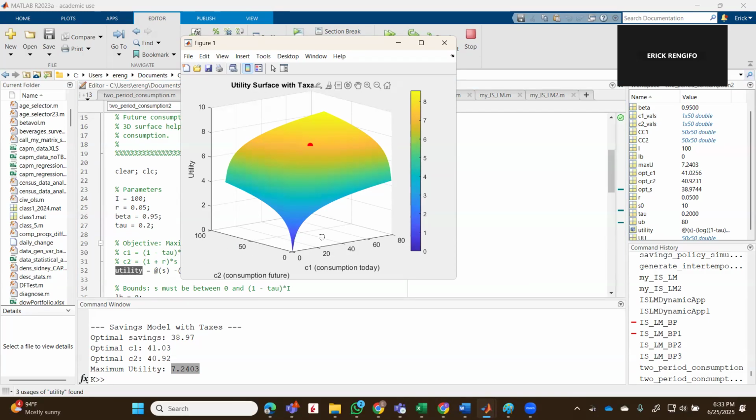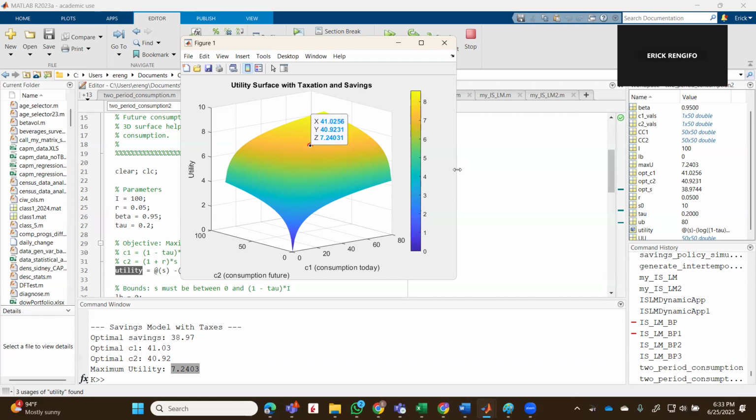So remember, when we try to maximize, we try to find the combination of C1 and C2 in such a way that my utility function is at the top, is the maximum. Got it? And then if you click on this one here, you can see the exact values. I think it's this one here.